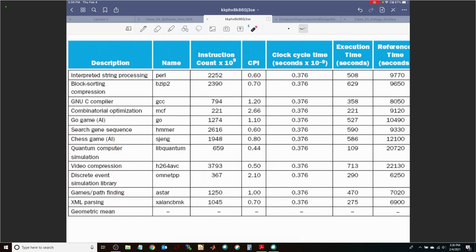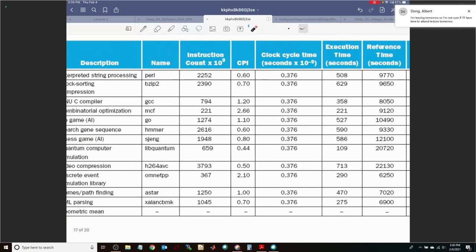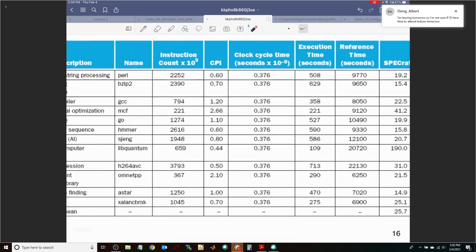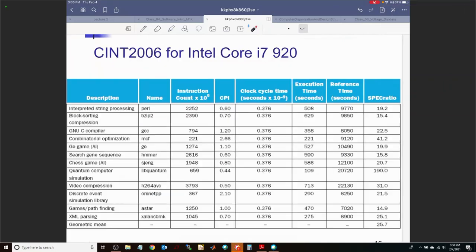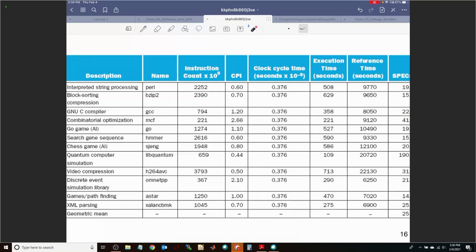So for each of these 12 programs, integer benchmarks, you have these numbers for the Intel i7 architecture. You take these, multiply them, and get your execution time. So you have instruction count in billions, cycles per instruction. By the way, if you notice, the cycles per instruction are very different, right?